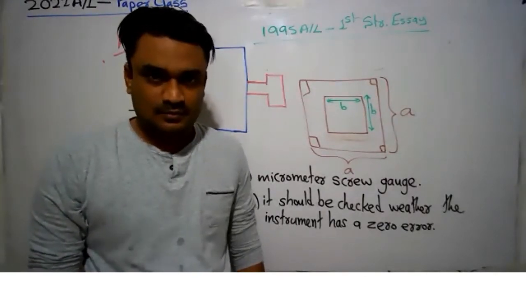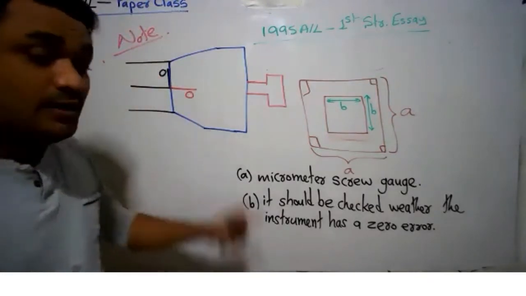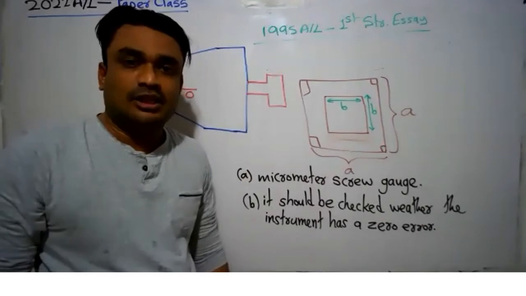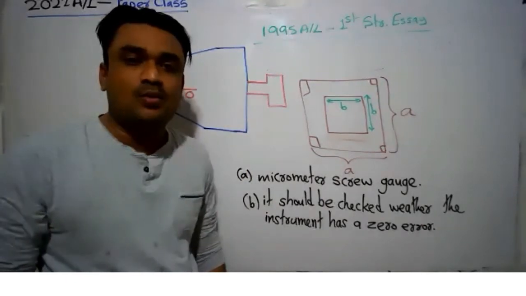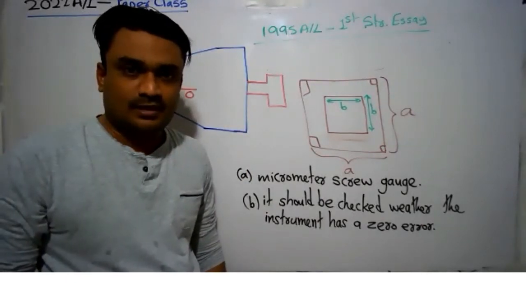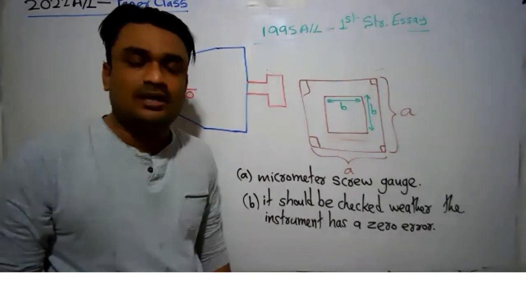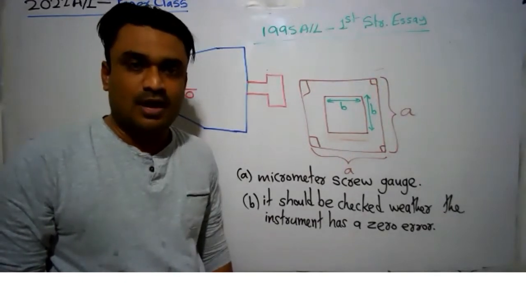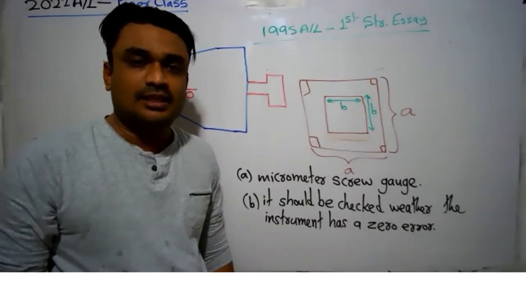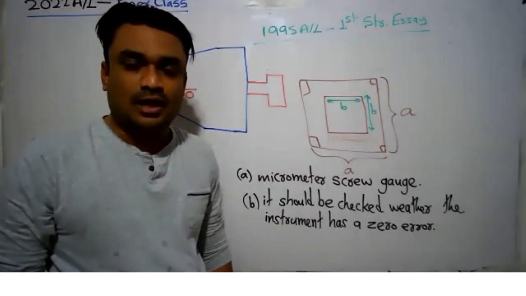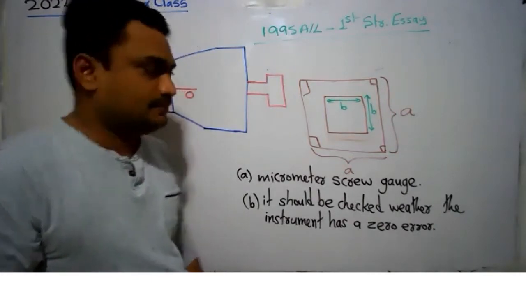then it is confirmed that the instrument does not have a zero error. If the zero lines of the two scales appear as shown in the following figure, it is confirmed that the instrument does not have a zero error.